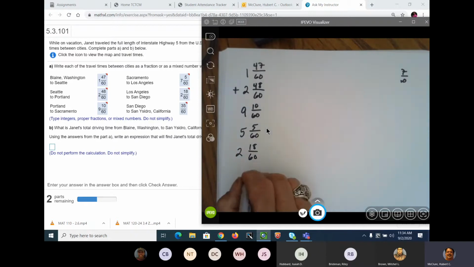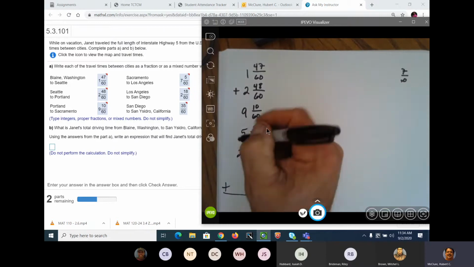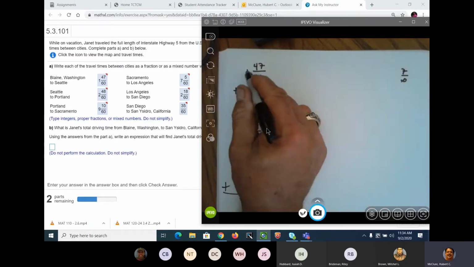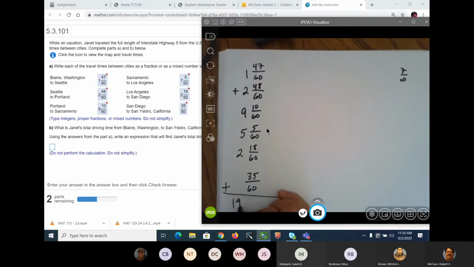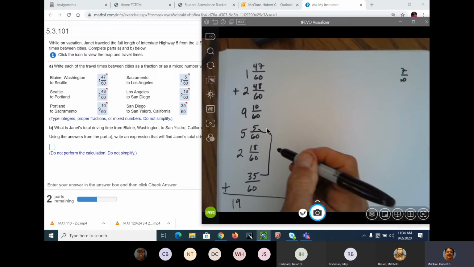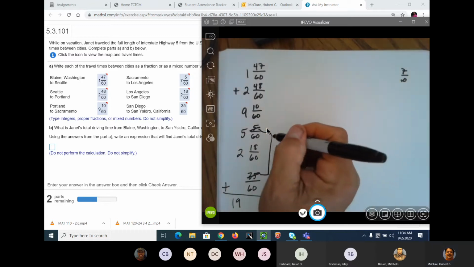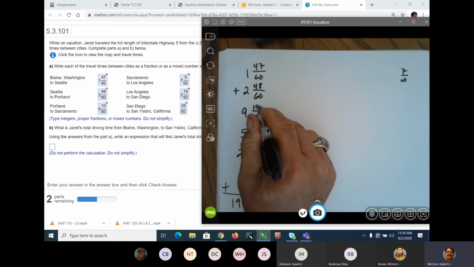And 35 over 60. We're going to add them all up. Well, 2, 7, 16, 17, 18, 19. 35 and 5 is 40. 40 plus 10 is 50.